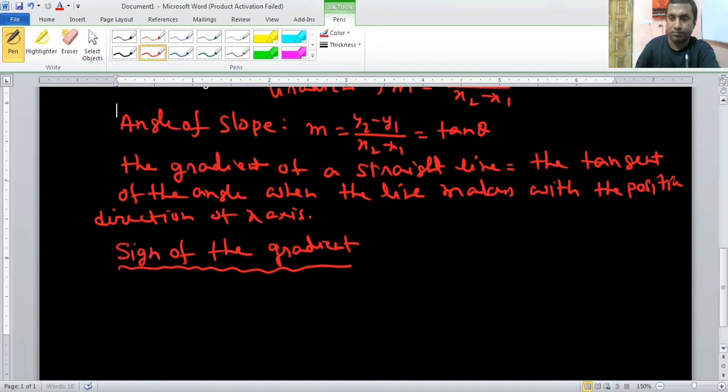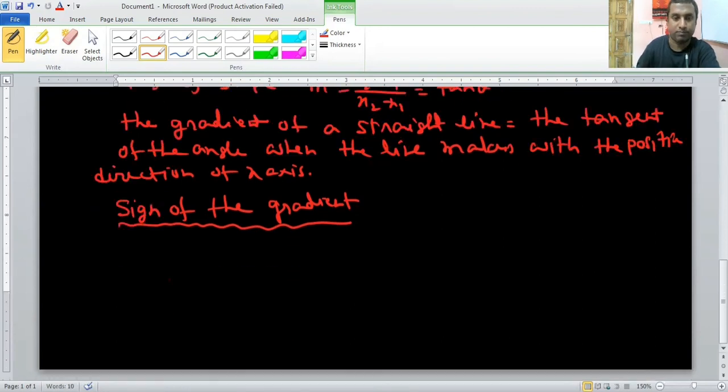Okay. This is the angle theta. This is the angle theta, and here with the positive x direction.